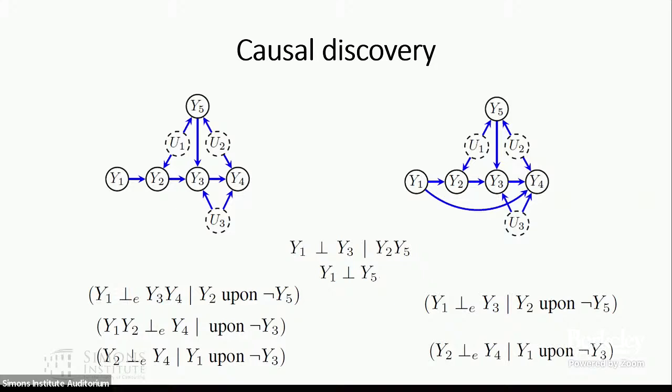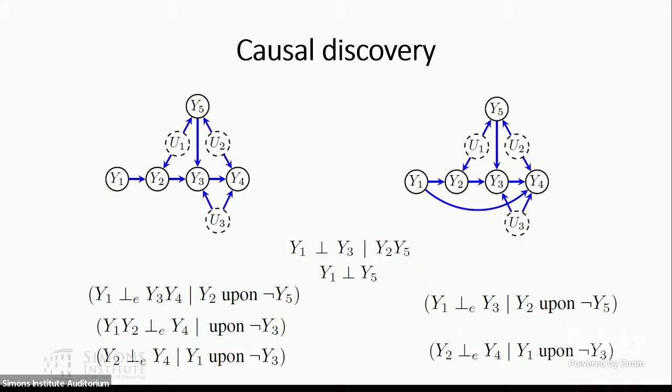But for example, let's look at this one. We have that y1 and y2 are E-separated from y4 if we remove this node from the graph, right? Makes sense. But now, if you go to this example, even if we remove this node from the graph, we still have this edge here. So this separation relation will no longer hold.